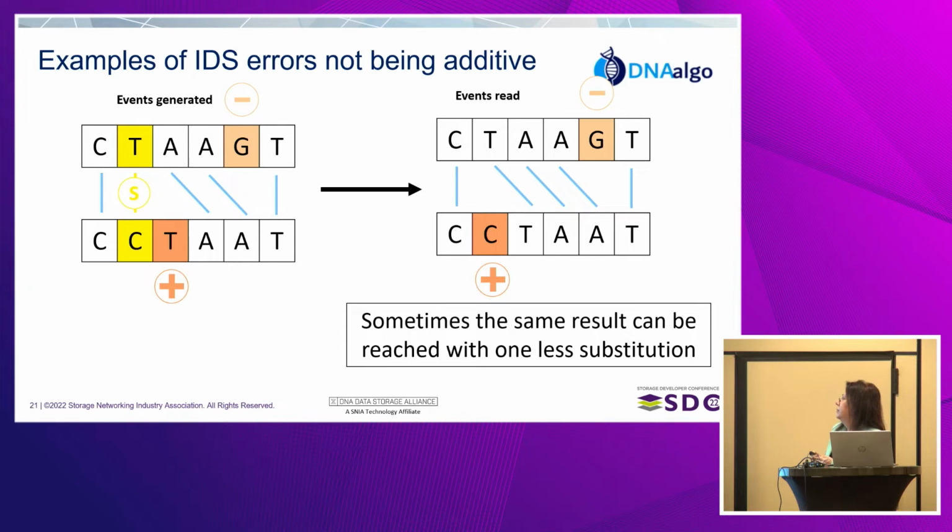But at the end, the edit distance between the two strings is just 2. So the minimum path from starting from one strand and reaching the other strand is just 2. So we may conclude that just 2 errors occurred, even if there were 3. And not only may they involve different kinds of errors, but they may also involve different nucleotides in the strand. So at the end, we may conclude that maybe there is an error in some place where really there was no error, but a deletion just happened at the nucleotides before, and that's the reason why everything is mixed up.